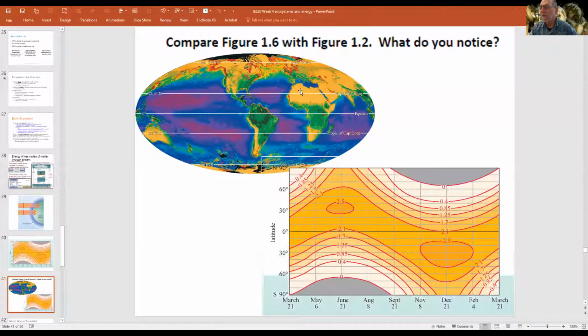You can see the Saharan Desert, and then the Namibian Desert of southern Africa. You can also see desert areas in Australia. And so these are areas where, although there's a lot of energy from the sun, there's relatively little rainfall. And so that produces desert areas.